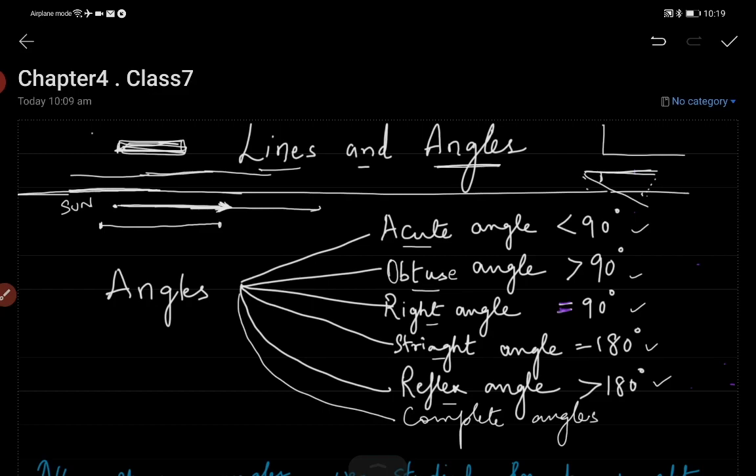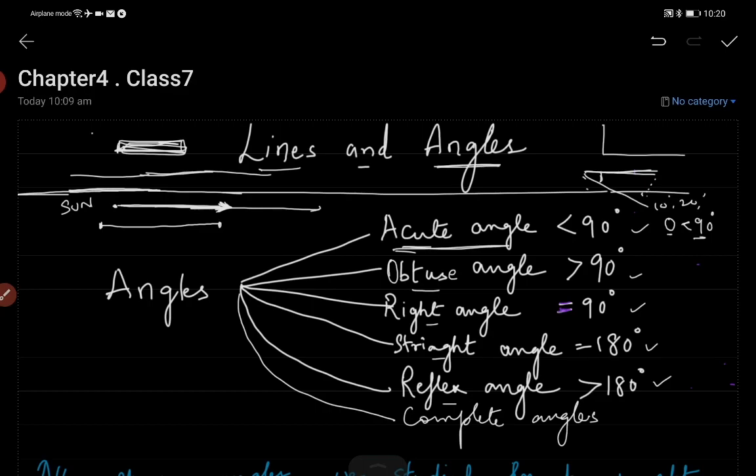An acute angle is an angle which is less than 90 degrees. The angles which lie between 0 and 90, not including 90, are all acute angles. 10 degrees, 20 degrees, all these are acute angles.